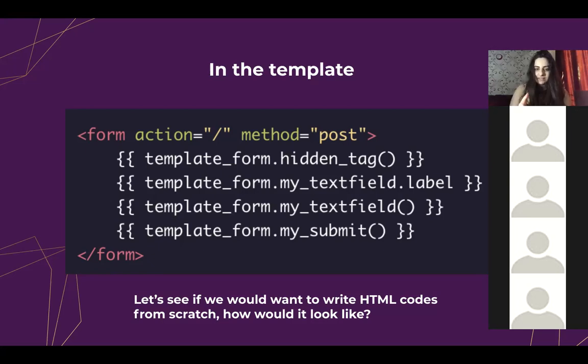Hidden tag is the thing I mentioned that protects against attacks, the secret code thing. That's the first line. These two lines are the label of the text field we created, and the next one is the value of my text field. The last one is my submit button that we created.